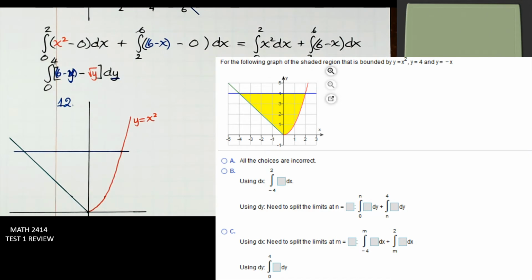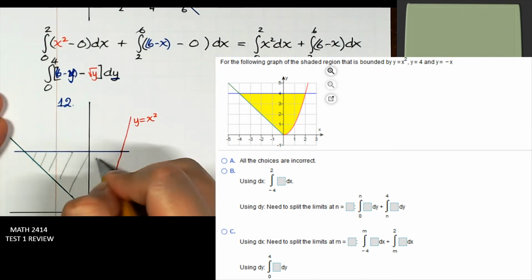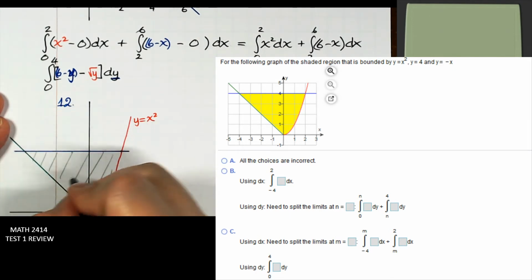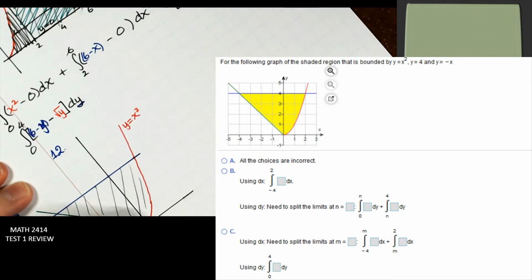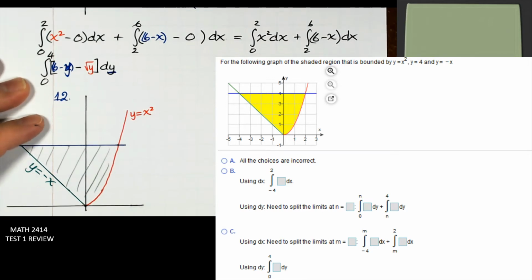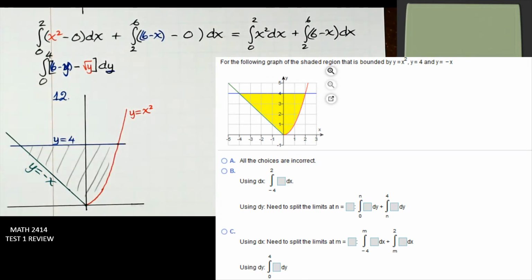But it's not wrong, because we're talking about this region here. We have y equal to negative x, y equal to x squared, the curve, and y equal to 4.